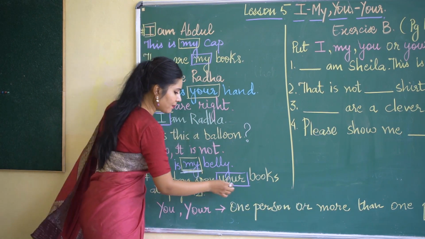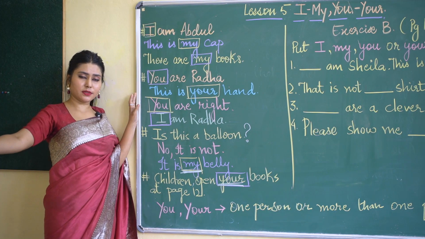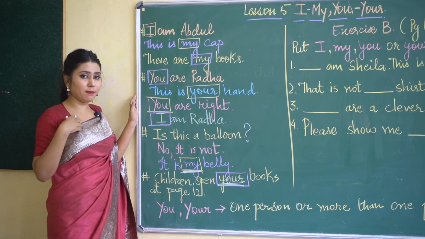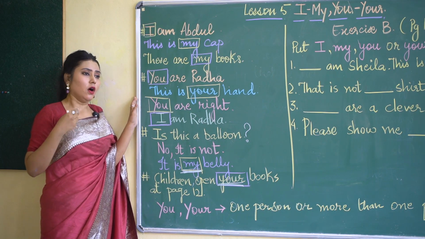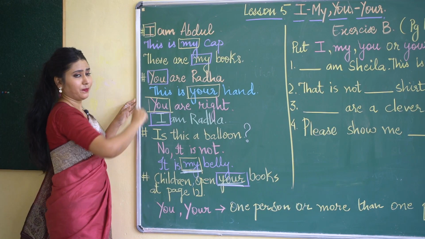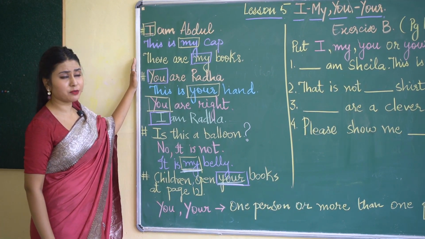So here I am using the word your to tell the other students. They can be one or more than one apart from me, because I will describe myself by the word I.